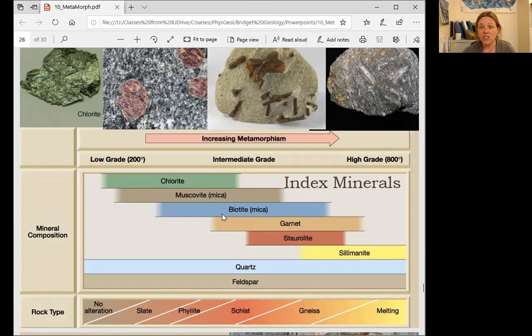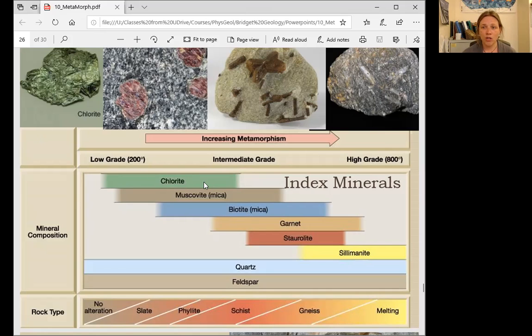So this rock that contains both those minerals at the same time must have formed in a temperature environment of around 500 degrees. If it was a lot hotter than that, we wouldn't have chlorite still present. If it was a lot colder than that, we wouldn't have had garnets forming. So when we have sets of these index minerals, it really helps us narrow down and understand the environment where these different rocks were potentially forming.